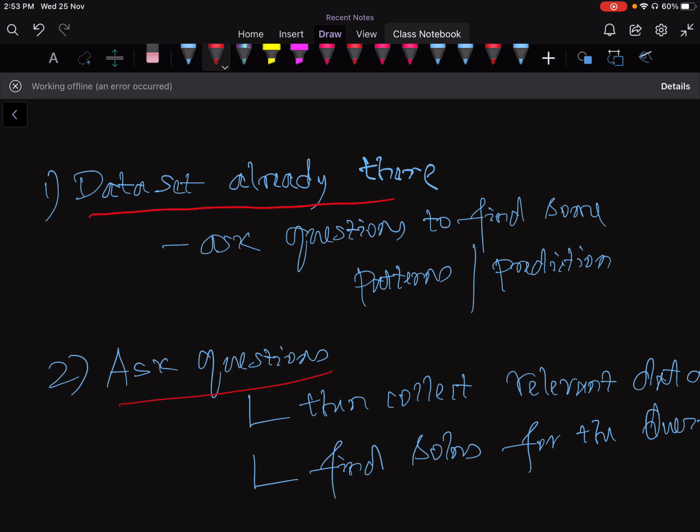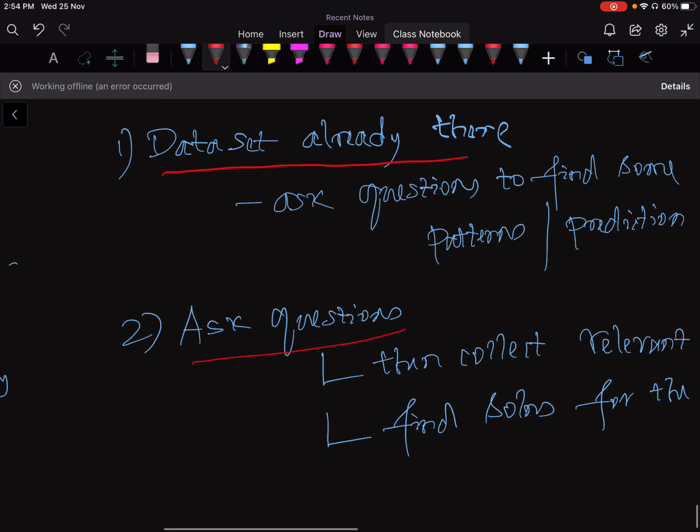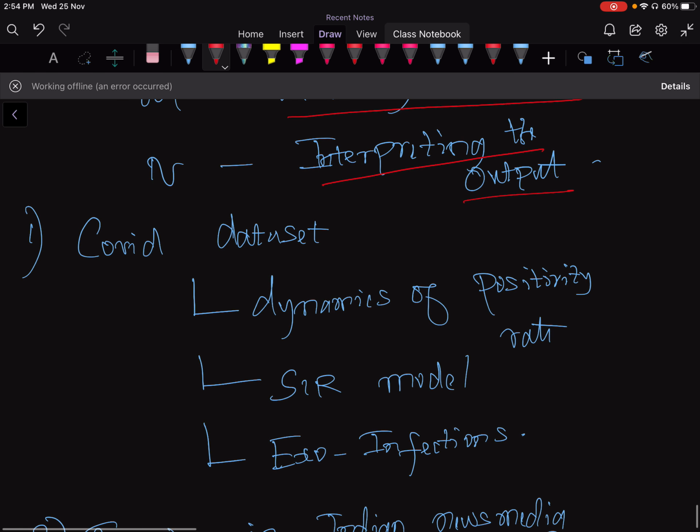So you have to find out how you are going to collect the data and how you are going to collate it into one kind of table, so that you can look into that table and do some kind of analysis, right? So both the scenarios are there. You have to keep these two things in your mind.